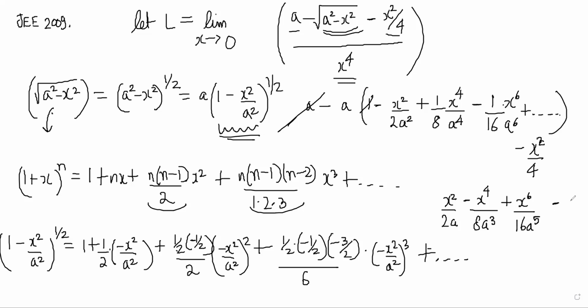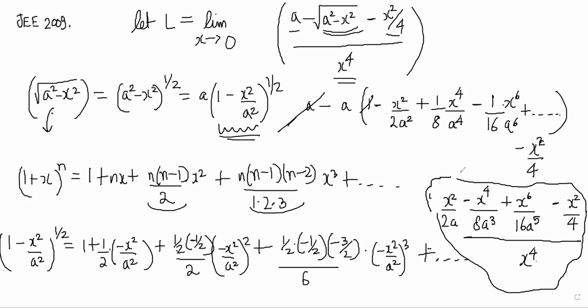And I have a minus x square by 4, and in the denominator, I have x power 4. Now, what is the condition under which this limit as x tends to 0 will be finite?